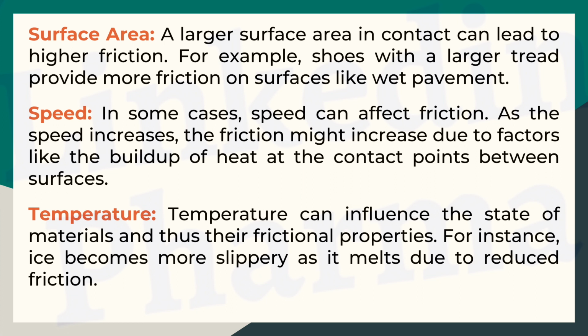Speed. In some cases, speed can affect friction. As the speed increases, the friction might increase due to factors like the buildup of heat at the contact points between surfaces. Temperature. Temperature can influence the state of materials and thus their frictional properties. For instance, ice becomes more slippery as it melts due to reduced friction.